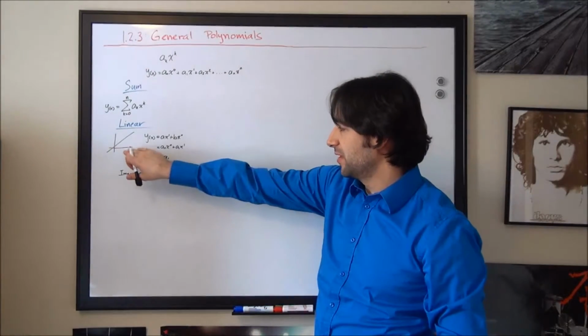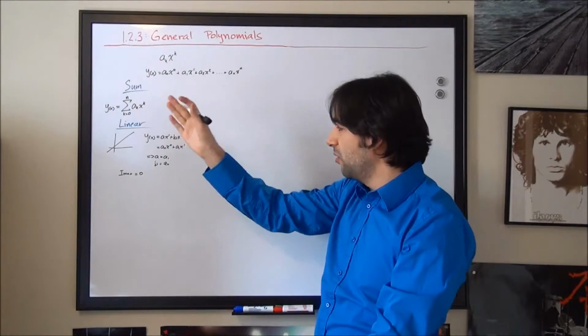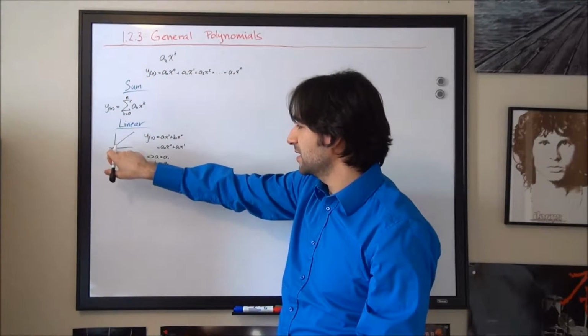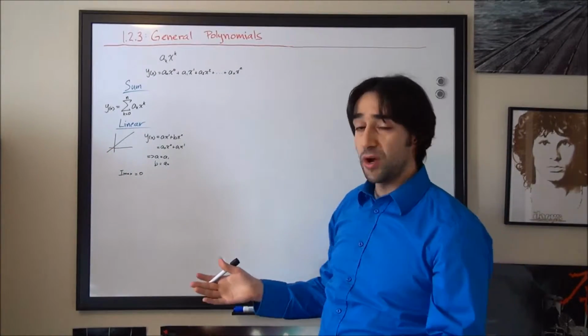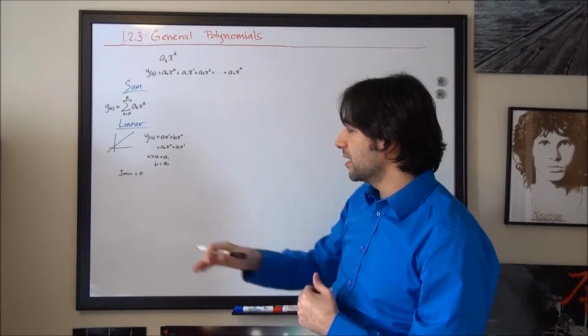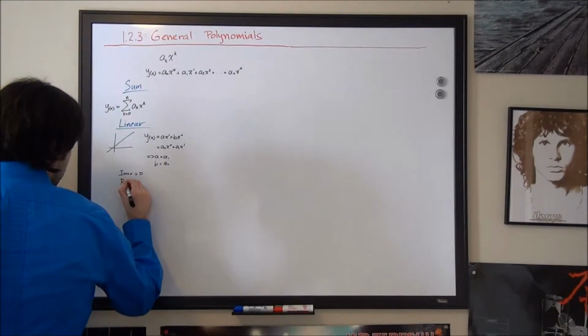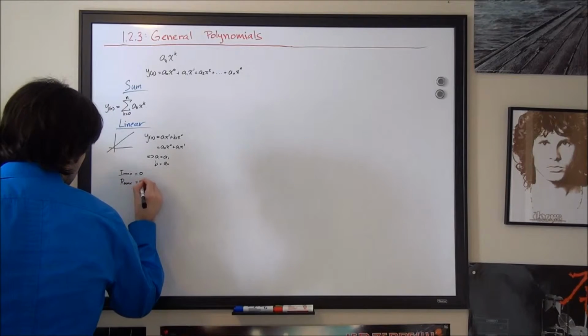But for this one that I drew, it goes from negative infinity to positive infinity. It can only do that if it crosses the x-axis at least once. But because there's no inflection points, meaning that the slope doesn't change sign, it can only have one. So the maximum number of roots is 1.